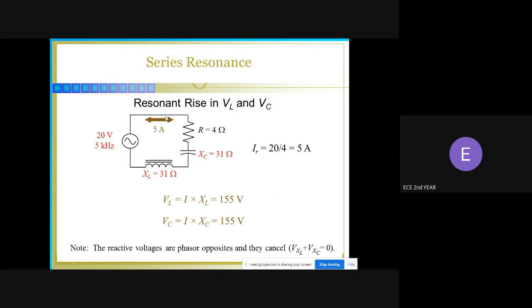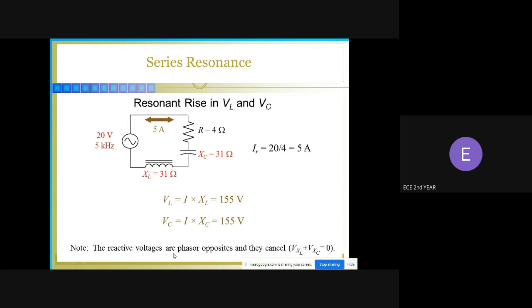We can find the current: I equal to 20 divided by the resistance 4, so we get 5 amps. Then we find the voltage across the inductor and the capacitor. VL equals I times XL, which is 155 volts, and VC equals I times XC, which is also 155 volts.